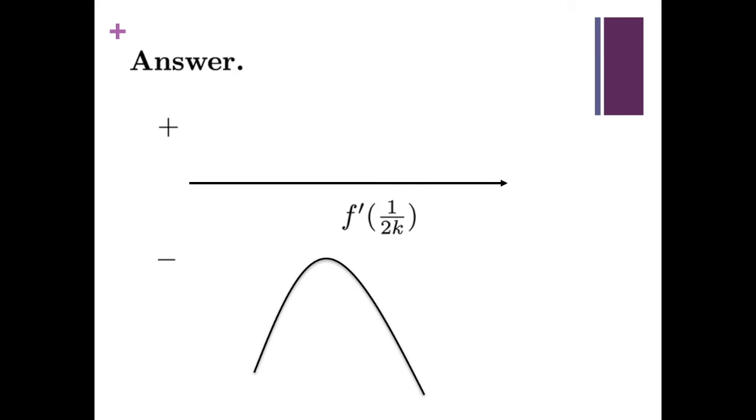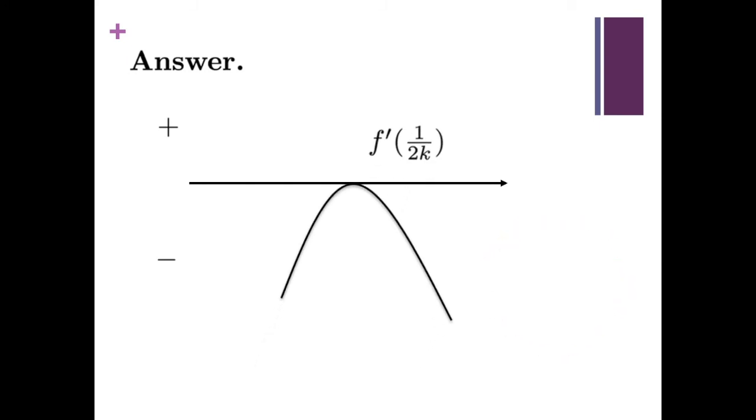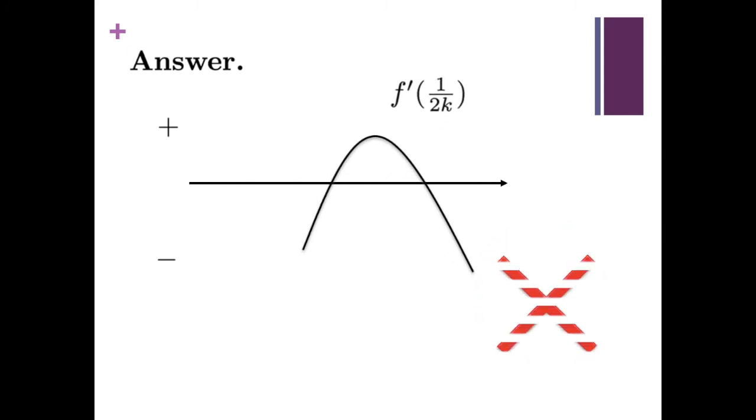This curve is a rough image of f prime of x. In the first and second case, f prime of 1 over 2k is less than or equal to 0. And in the last case, the sign of f prime of x changes.